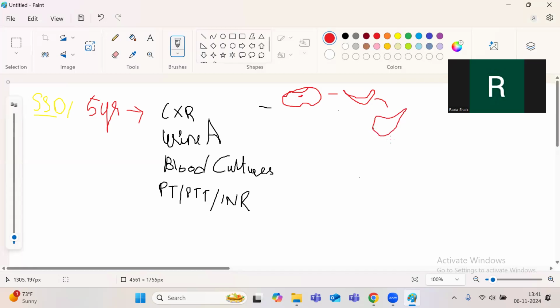In the spleen, there is auto-infarction over time. How does this happen? It's because of sickled cells accumulation. Over time, it can just be overwhelming, where the spleen can burst out to have auto-infarction.